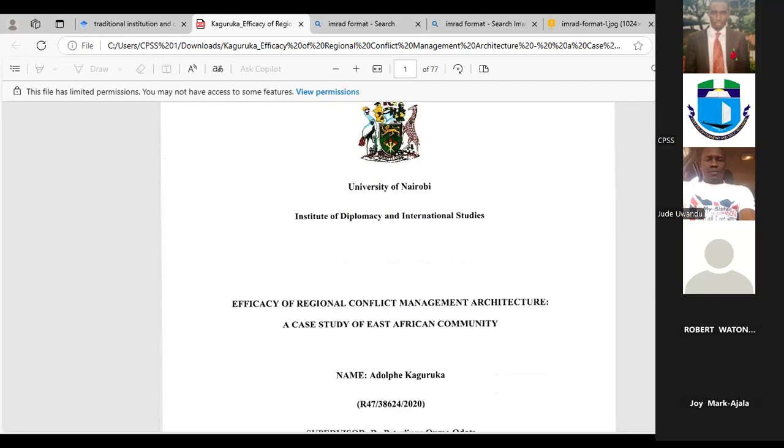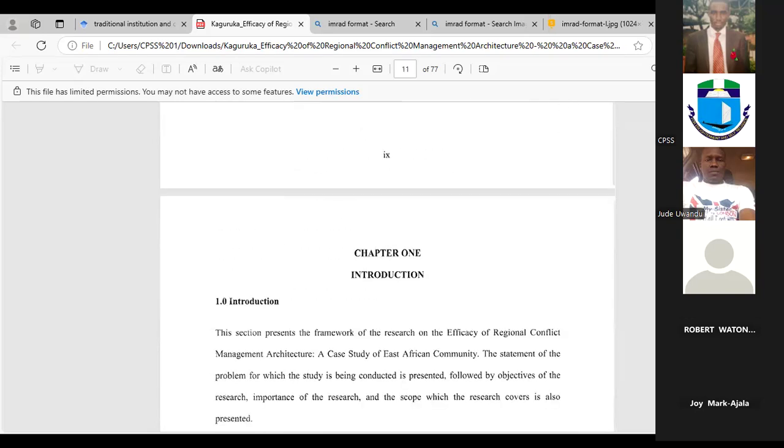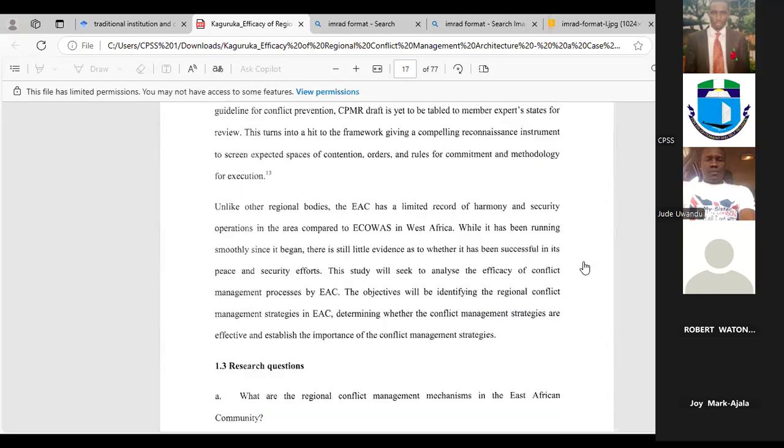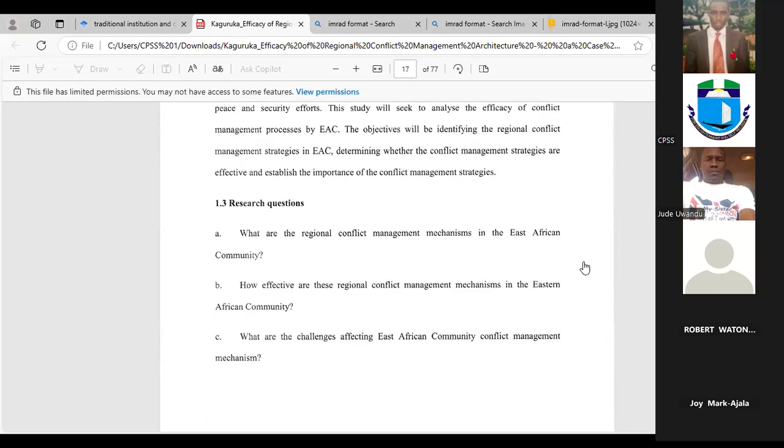The first question is, what are those management strategies? It's jamming with the title. How effective? Efficacy. He wanted to find out the efficacy. What are the issues?